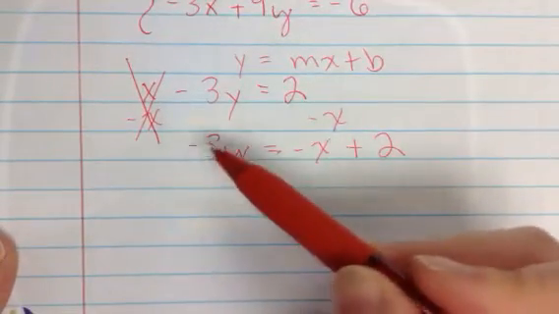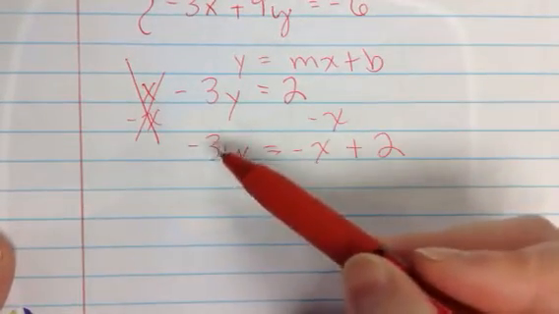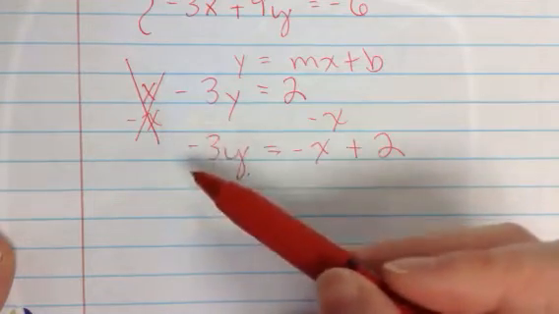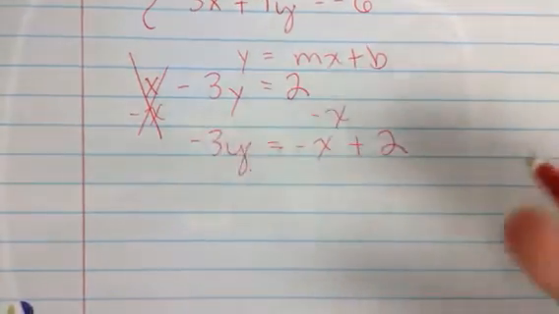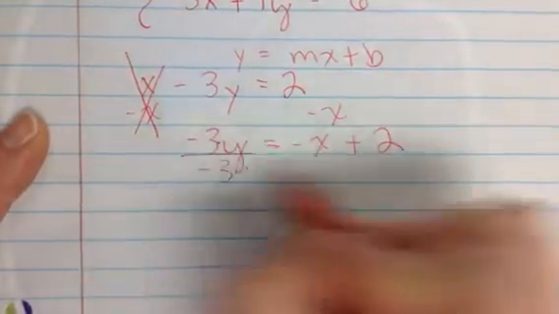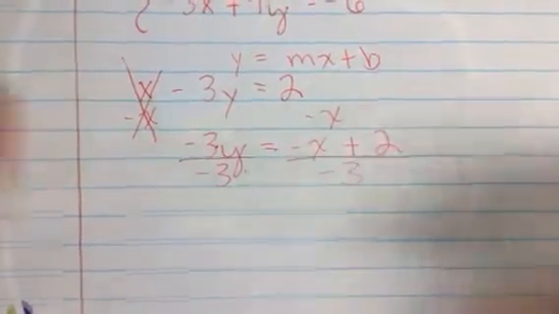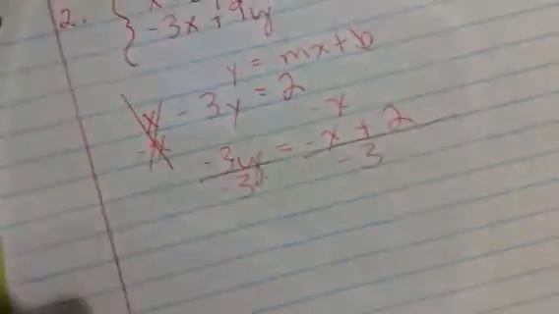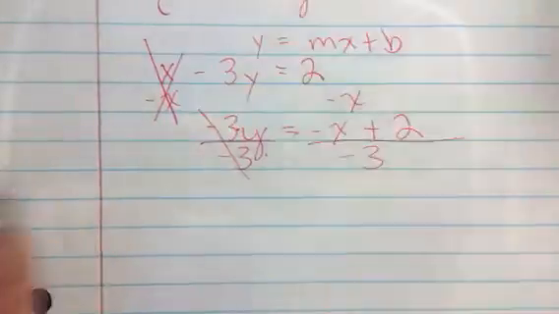But I don't want the negative 3 to be a coefficient on my y. So since they are multiplying, I had to divide everything by negative 3, because negative 3 divided by negative 3 will cancel.